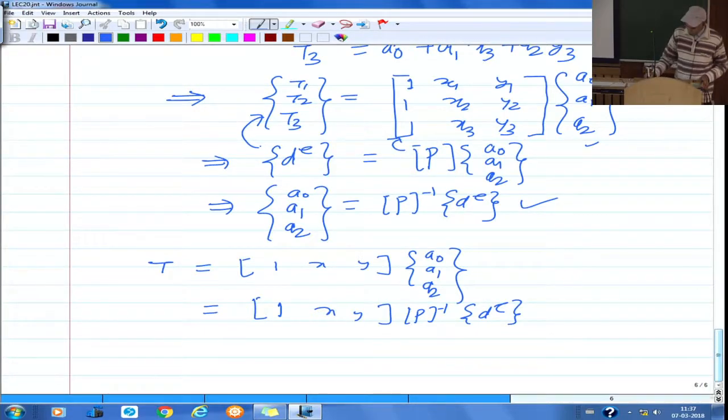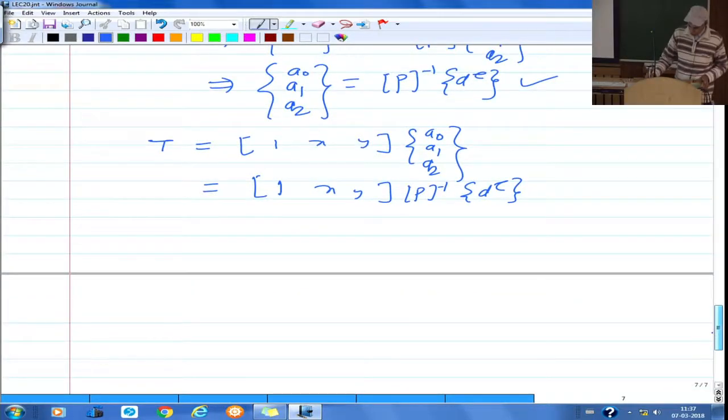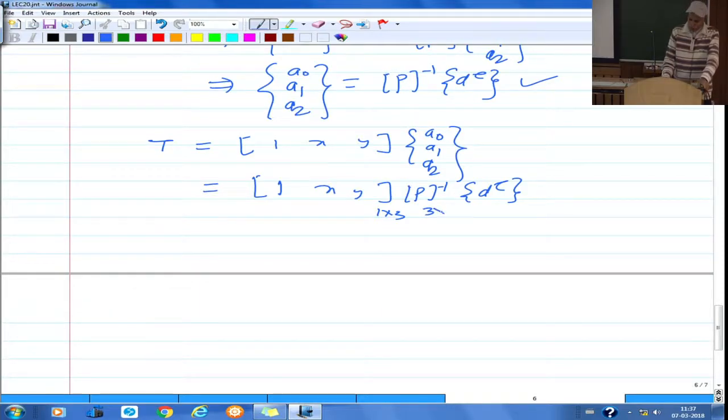And if you look at this, 1 x y is a 1 by 3 matrix, P is a 3 by 3, so its inverse is also going to be 3 by 3, D^e is a 3 by 1 vector. This is anyway the vector of elemental degrees of freedom, this is in terms of the coordinates x y, and this is in terms of the nodal coordinates x y of nodes 1, 2, 3.